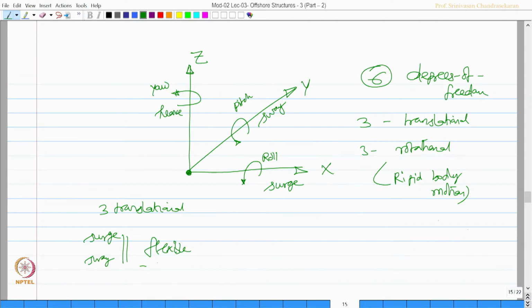It means they will have large periods, they will undergo large displacements in surge and sway, but heave is restricted.